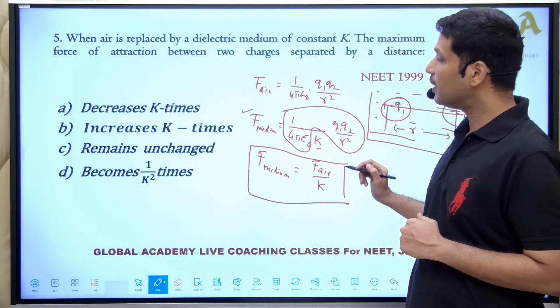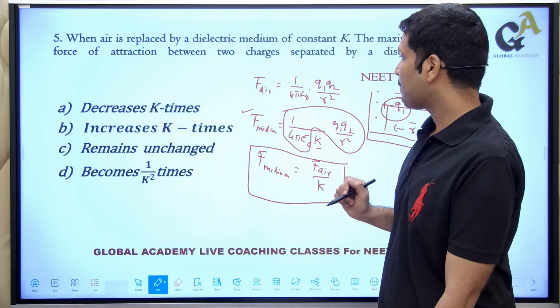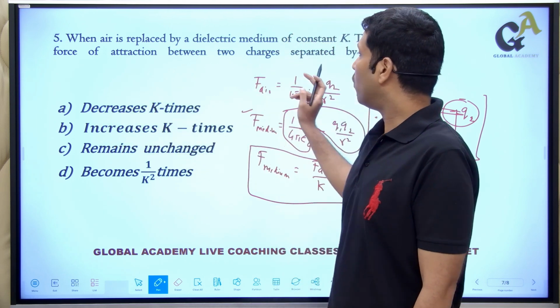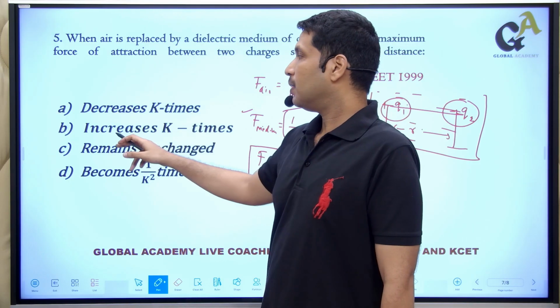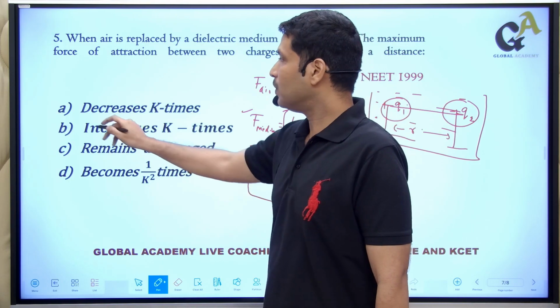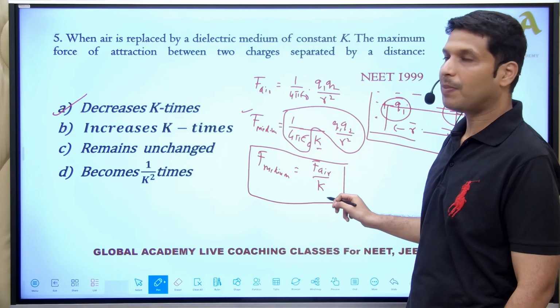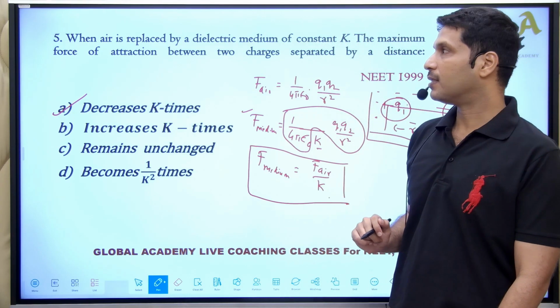Now matching this to the options, which will be the correct answer? The first option says the force decreases by k times. The second option says it increases by k times. So option A is the correct answer, because the force is reduced by k times.